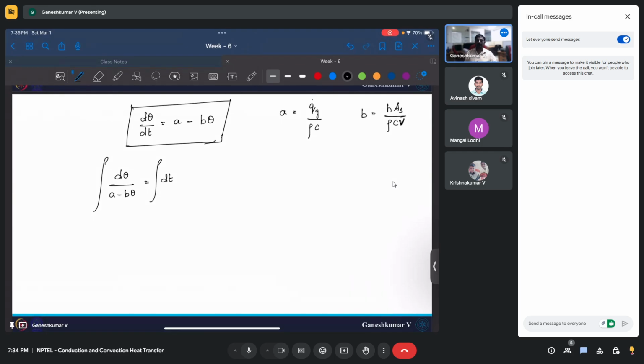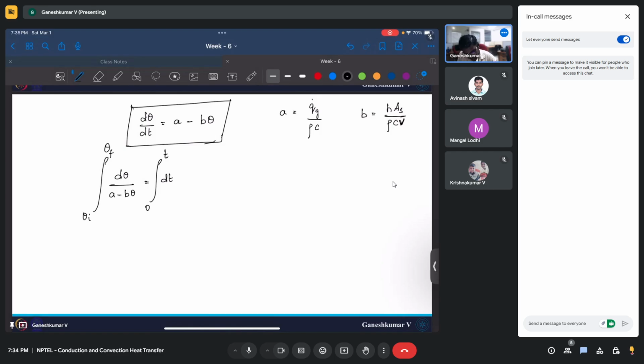You can either use indefinite integrals, apply the initial condition to get a solution, and then give a temperature to find the time. Or you can use a definite integral. You can just say I want to go from theta I to some theta final, but this theta final should be 79 degrees Celsius. Similarly, I want to go from 0 to t. So basically you are trying to find out this t.